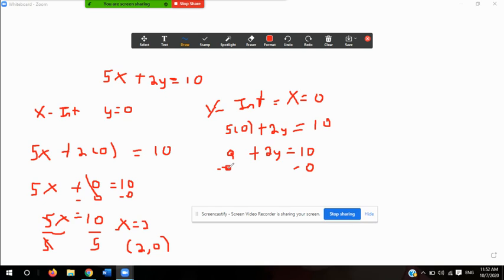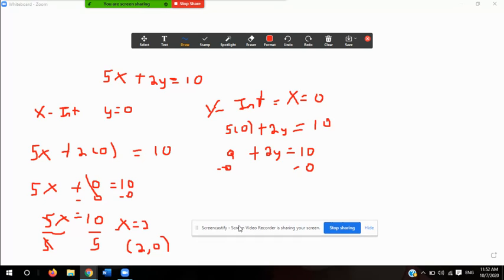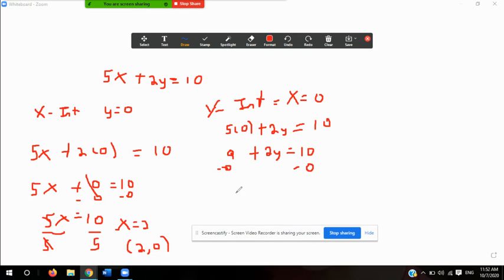Then let me just bring this down real quick so I can have that extra space. You would just say 2y equals 10, and then just divide by 2, and that would be 5. So you would say 2y equals 10, divide by 2, and y equals 5.